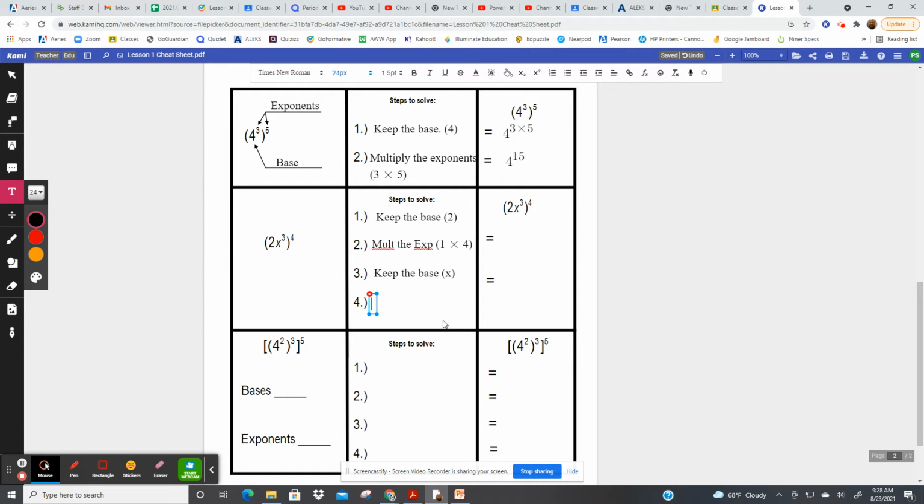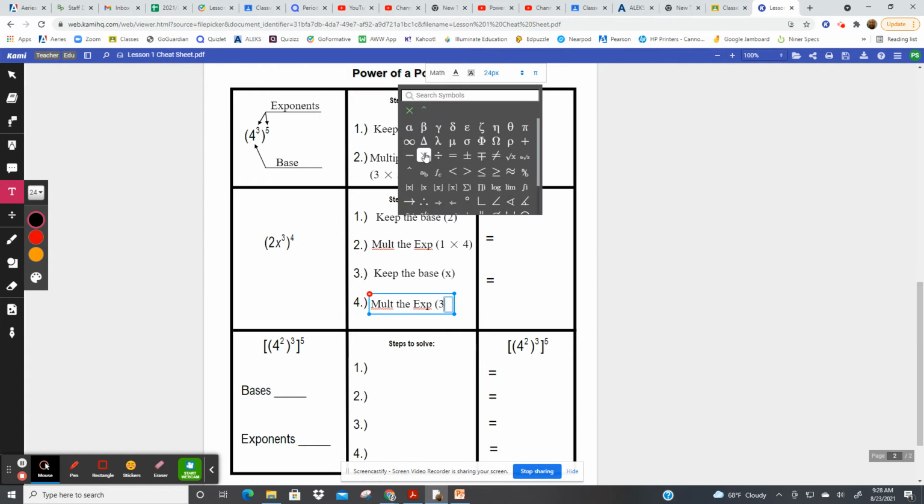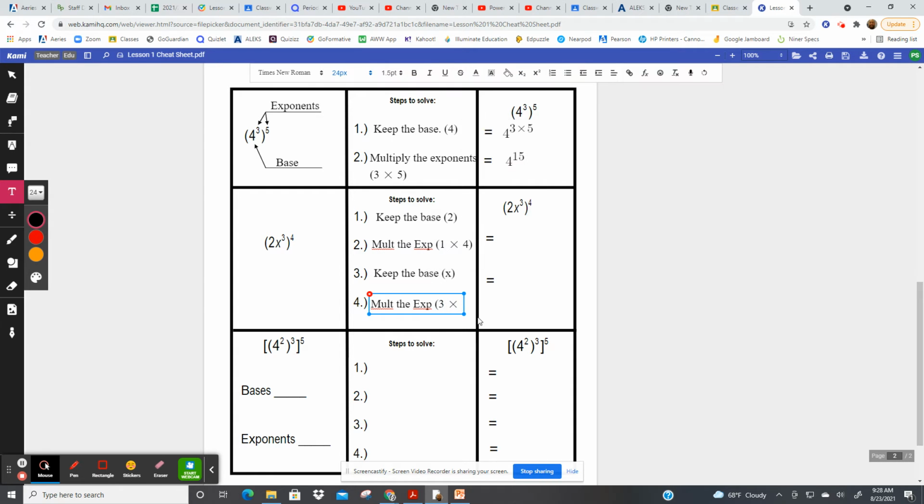And then multiply the exponents. And this one is 3 and 4.